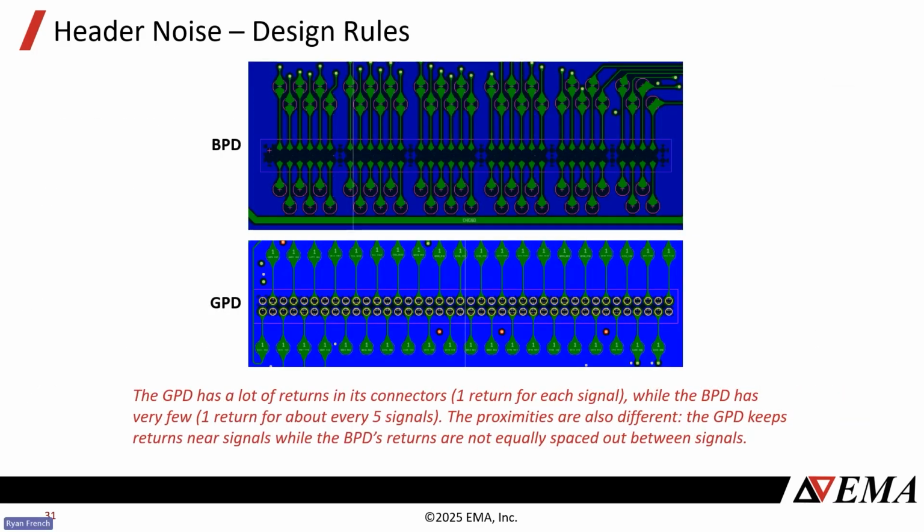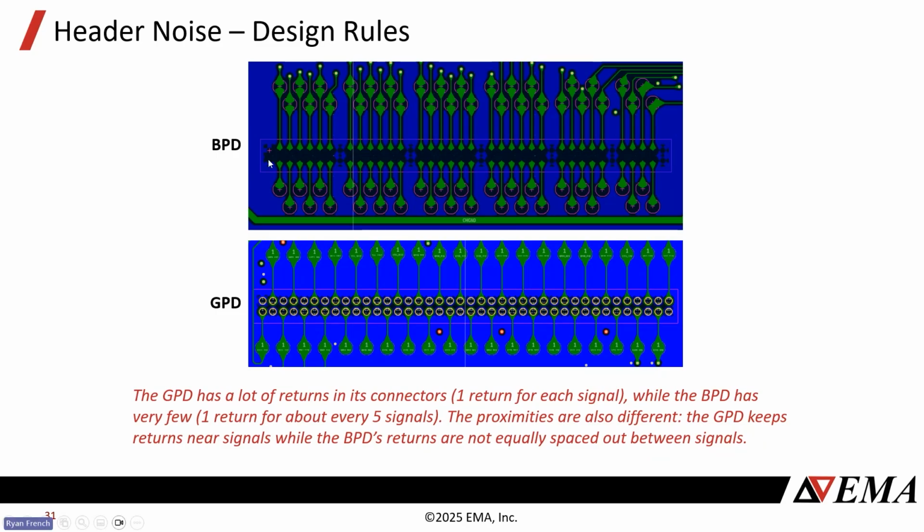The major design rule that I followed is this: the bad design on the header. All of these green lines are pins for signals. And where you see the little blue sections coming in, we're connecting to a couple of pins for the ground. And so you can see, just like we showed before, look at all these signals and these inner ones. Look at how far they have to travel to get to a ground.